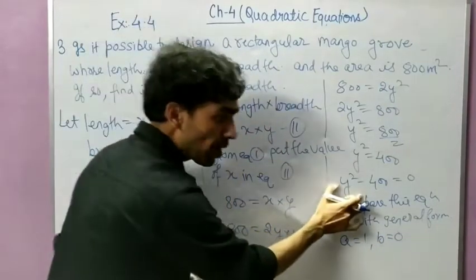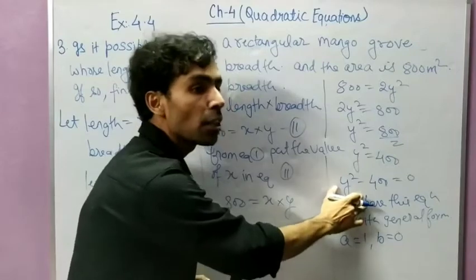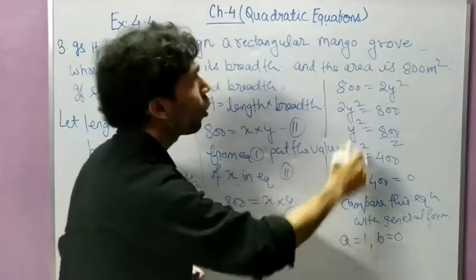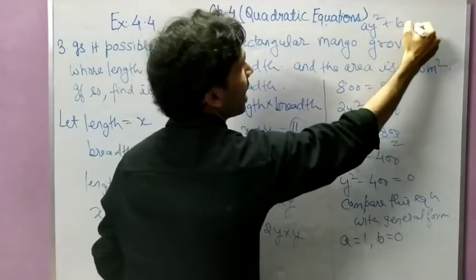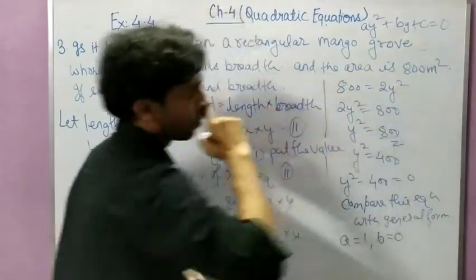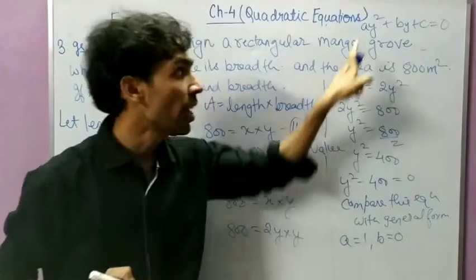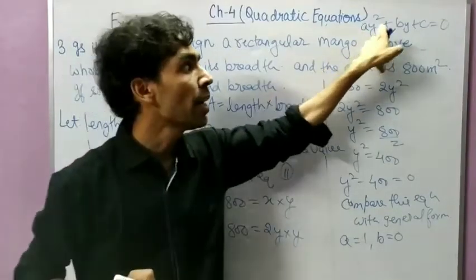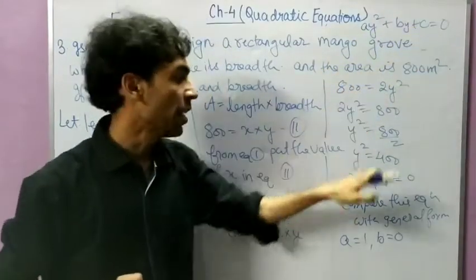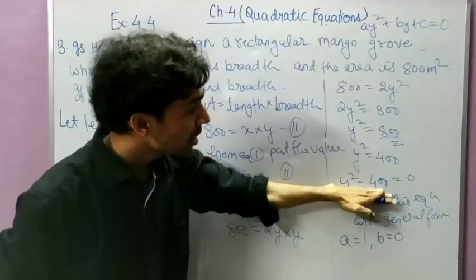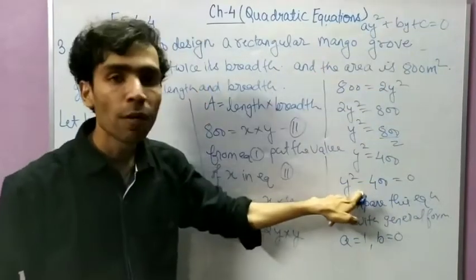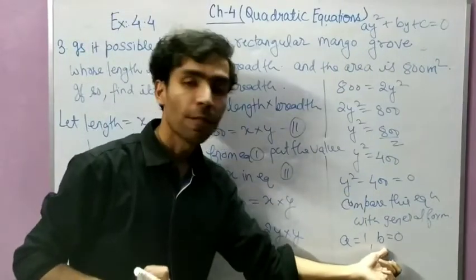Because this quadratic equation does not have the term of y. Because it is in the variable y, I have written it like this: ay square plus by plus c. If here it is x, then I can write x. So by comparing these two equations, there is no term of y, so the coefficient of y will be 0.